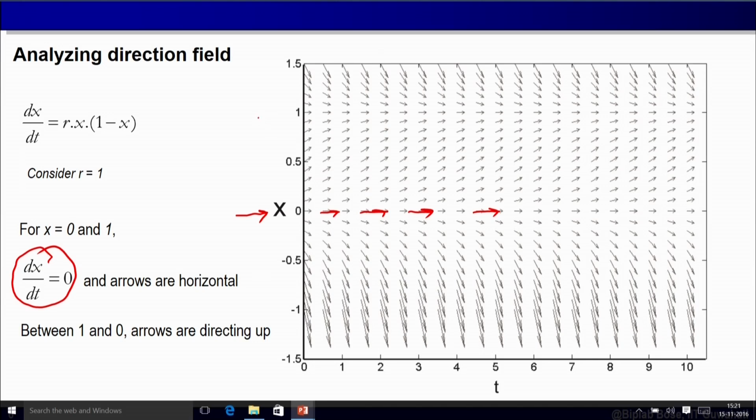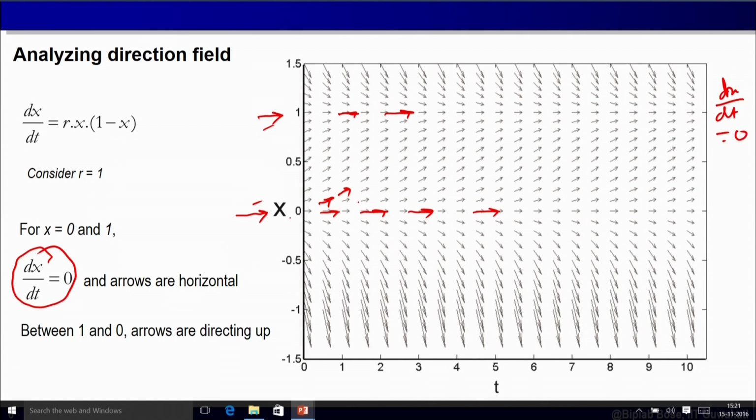You have another value of x equal to 1, where all arrows at any time point are horizontal. Here also dx dt is equal to 0. In between 0 and 1, the arrows are pointing up, and they are moving towards 1. What are they telling?